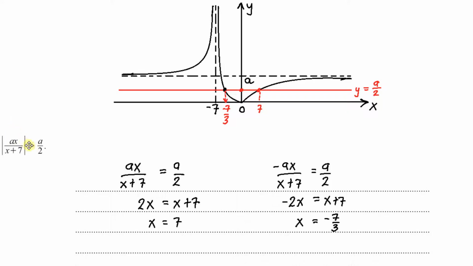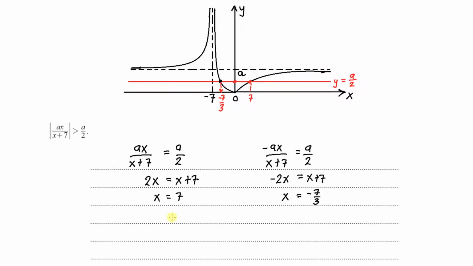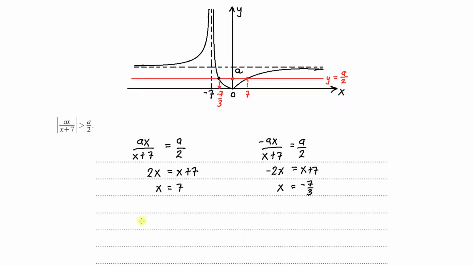So remember, we want to solve this inequality, that the graph of mod ax over x plus 7 is greater than a over 2. Looking at it graphically, you can see that the graph of modulus is above the graph of y is equal to a over 2 for values of x that are greater than 7.